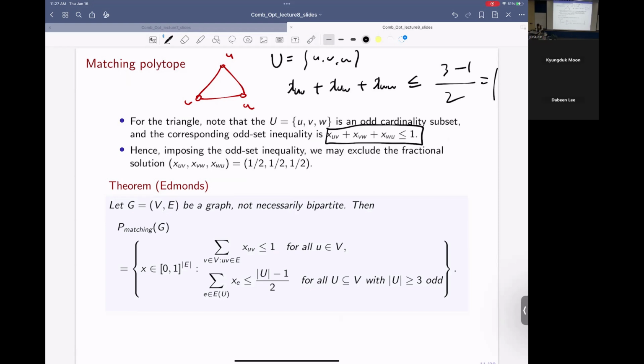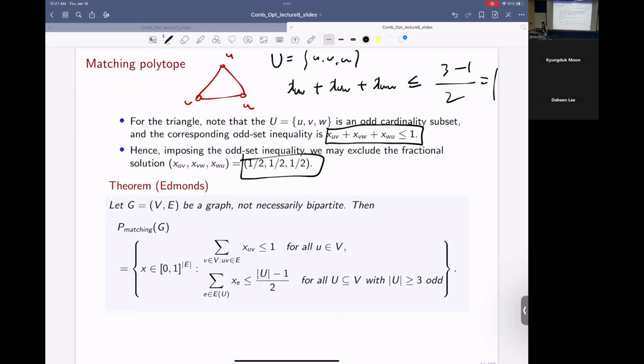But now we were worried about the solution that takes 1/2 in every component. The summation is 3/2, but it has to be at most 1. So if you impose that odd set inequality, it's going to forbid this solution from your set.